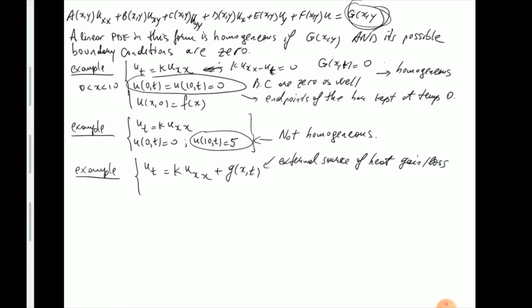So that appears as a non-homogeneous term. And even though your boundary conditions might still be homogeneous, let's say you keep the endpoints of the bar at temperature 0, as a problem, this is obviously not homogeneous. So both the equation and the boundary conditions should be homogeneous.